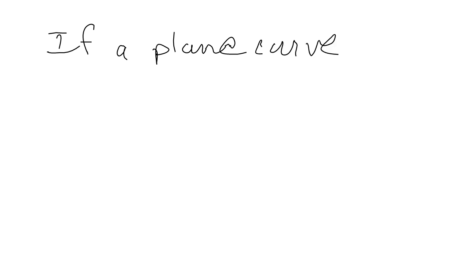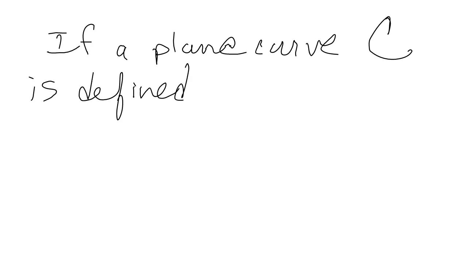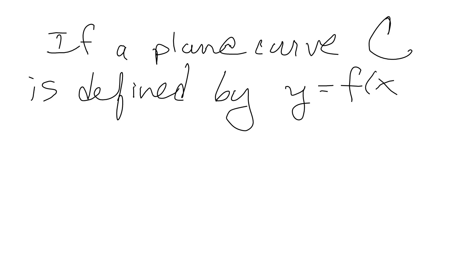But if we have, so here's a result. If we have a plane curve C, so they call it capital C, is defined by y equals some function of x, which means basically like you graphed it before, like y equals x squared, y equals x cubed.